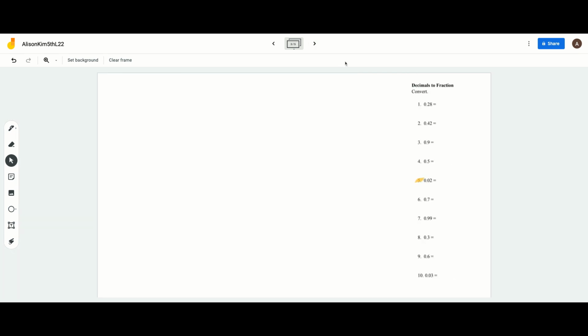Now let's move on to converting decimals to fractions. This one is really easy. We're going to do number 5 together. Number 5 gave us 0.02. Now, remember what I told you guys in one of the previous lessons that we did together?